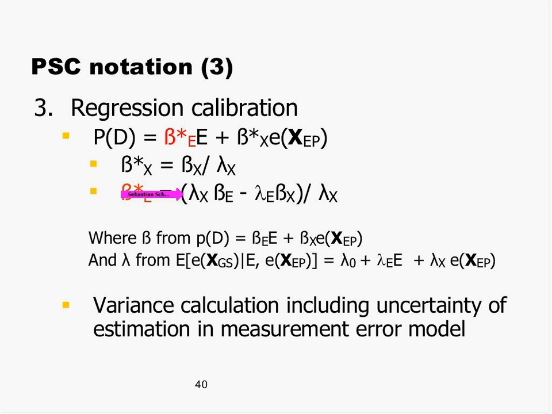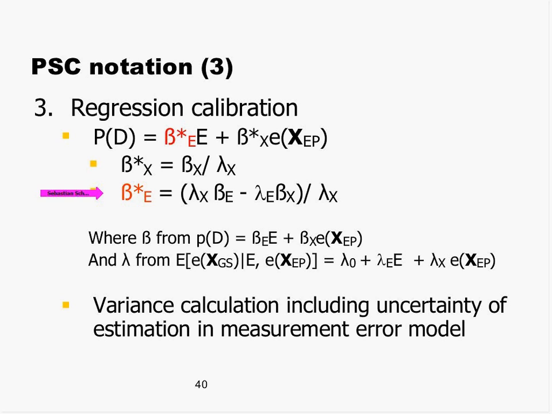You see the lambdas are used for the calibration, and for the correction of the propensity score, which is also a function of the lambda here. But this, the red parameter, is the most critical parameter because that is now the corrected effect estimate. And the correction is simply parameterized with the lambdas.